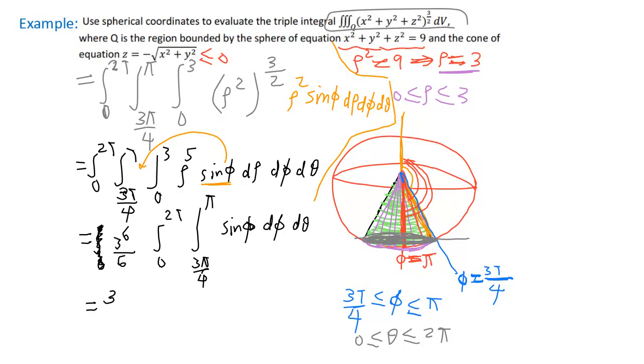So 3 to the power 6, she found it, 243 over 2.